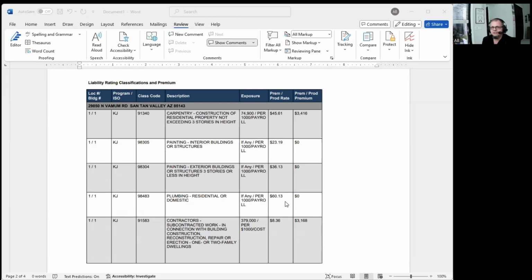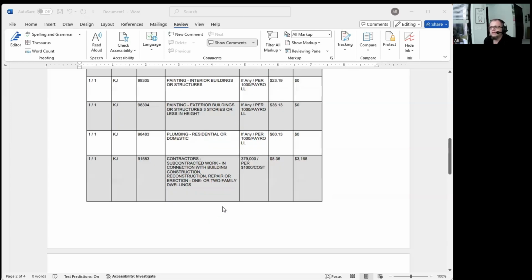This type of policy would have been similar to what I would have put them on as well, because under that model, if it's available, when we're rating for payroll, we've got really minimal exposures here because they simply don't have a lot of payroll. They're also being rated on subcontracted work. The agent that had written their policy estimated they'd have around $379,000 in subcontracted expenses.